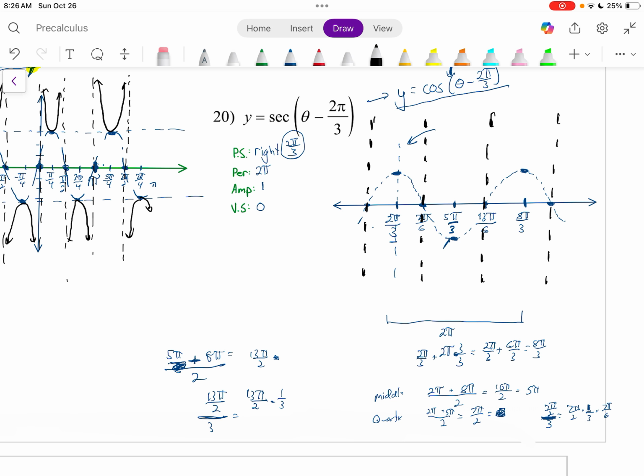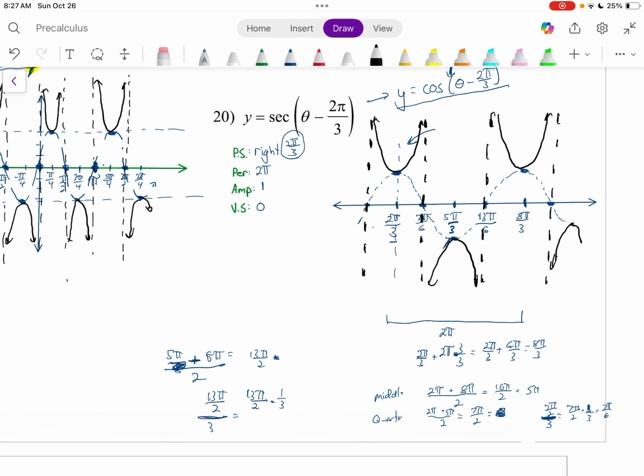And then we can graph. All right, so that black is the graph of secant of theta minus 2 pi over 3.